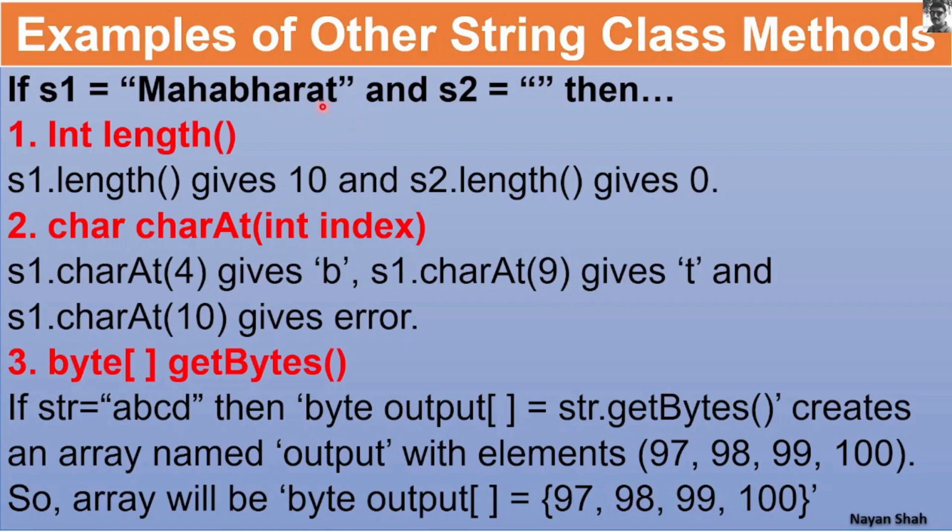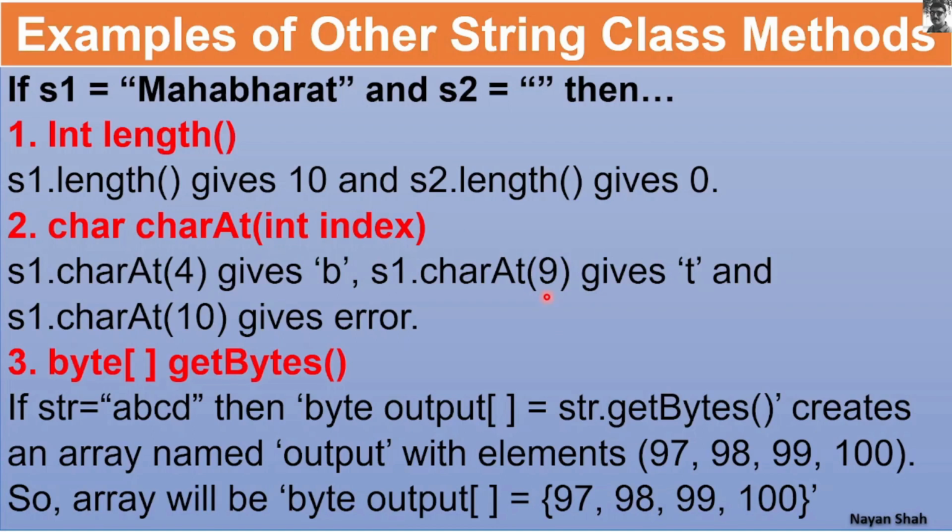So for this string Mahabharat, M is at index position 0, 1, 2, 3, 4, 5, 6, 7, 8 and 9. So T is at the 10th position and index number 9. Its index number is 9, its position is 10.